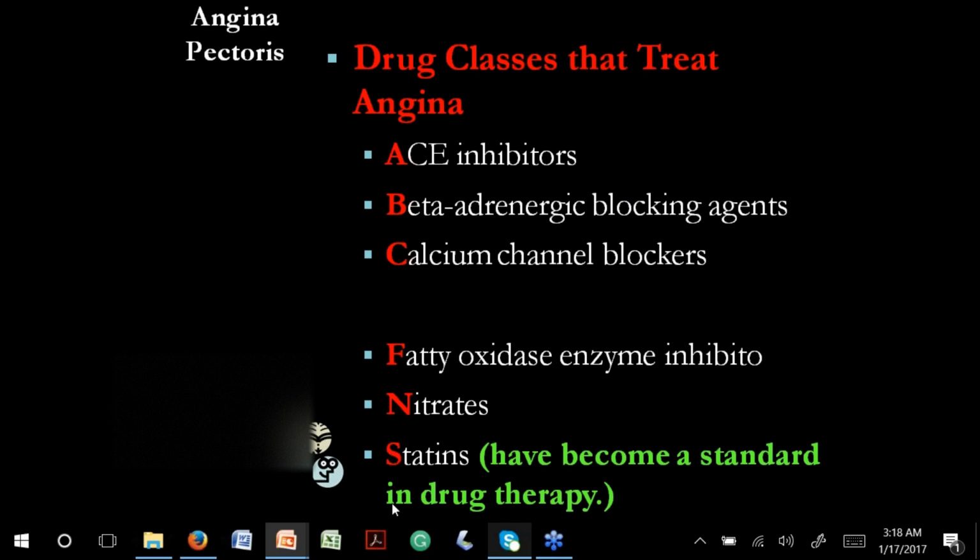This is very important because it is included in the protocol for treatment of angina. Statins have become a standard in drug therapy. Why is this? Is it an antihypertensive? Is it a vasodilator?